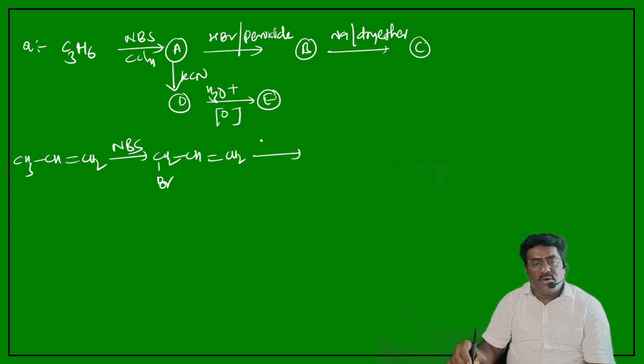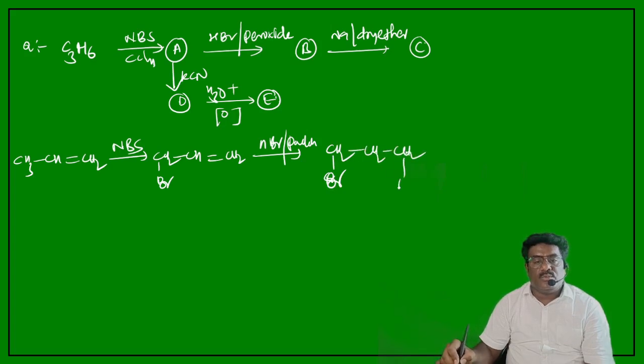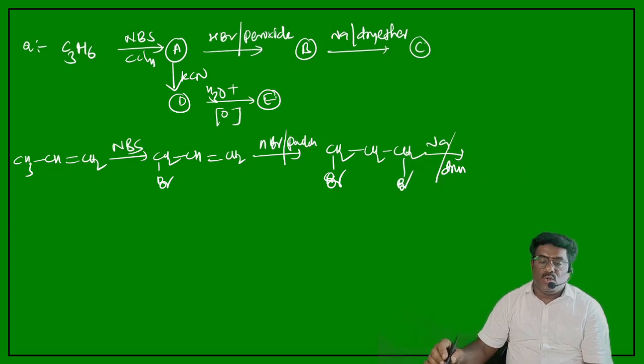In presence of hydrogen bromide and peroxide, it gives CH2Br-CH2-CH2Br. In presence of sodium ether, that means Wurtz reaction, it undergoes intramolecular Wurtz reaction.